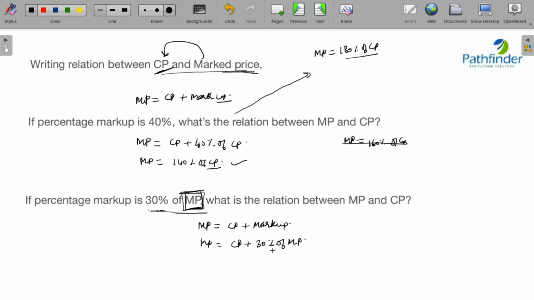Now you bring this 30% of marked price on the left hand side and you will get 70% of marked price is equal to cost price. Do not solve word problems before this is understood by you very well. Because if you want to solve questions faster, this is something that you should be able to instantaneously write down.